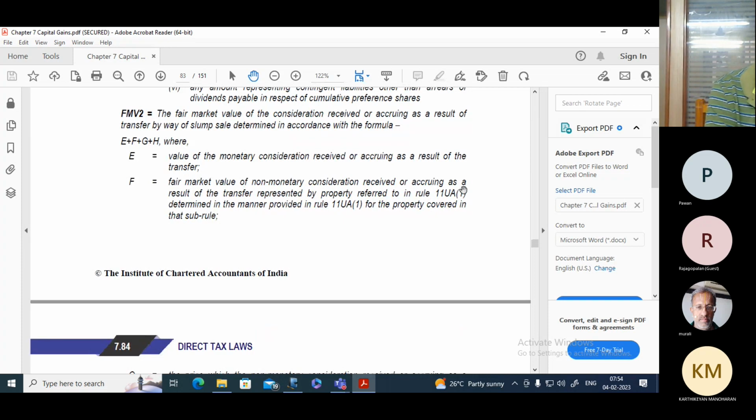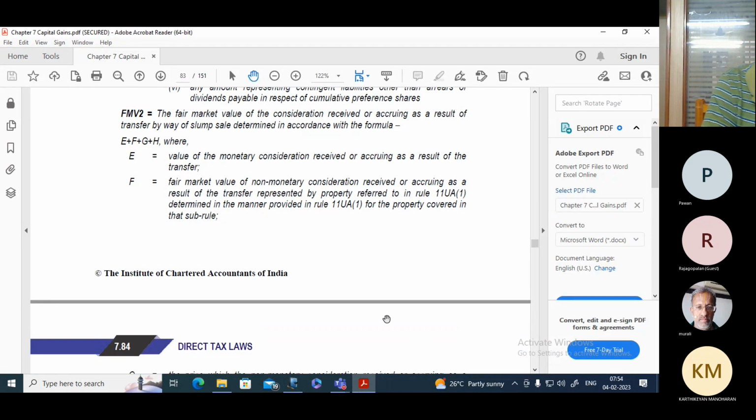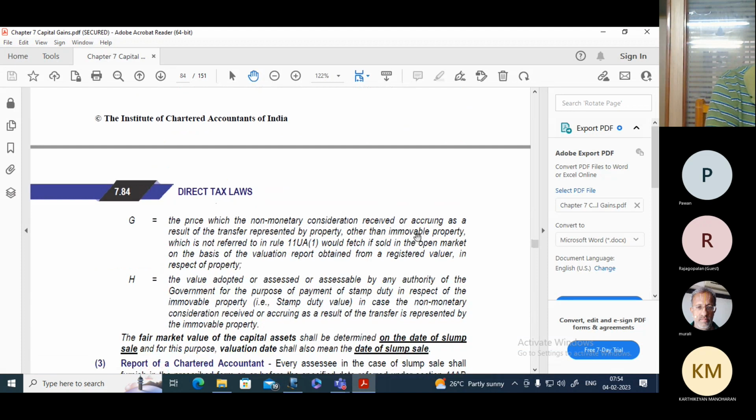Fair market value of received accruing, I will put it this way, F, shares and securities. G, price at which there is non-monetary consideration resulting other than immovable property which is not referred under 11UA1.